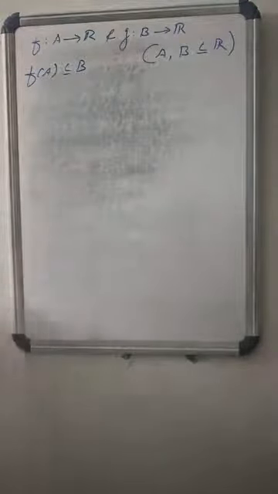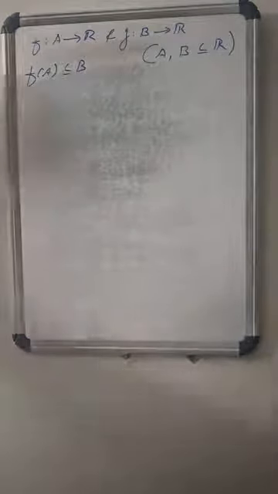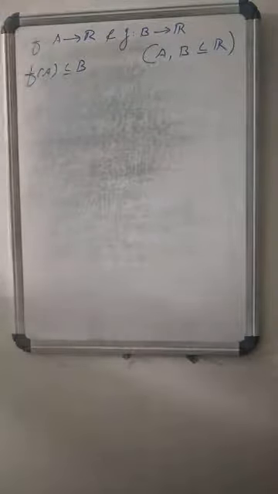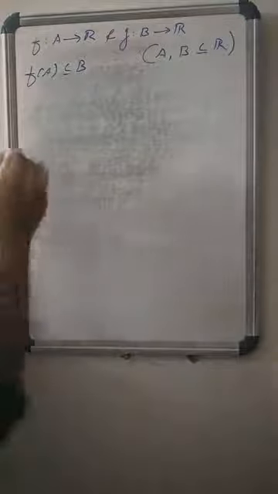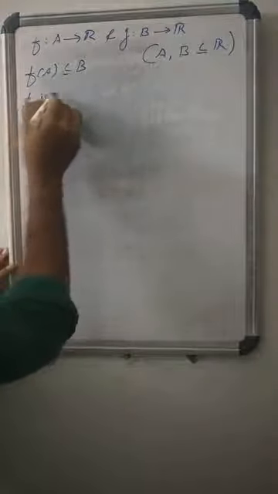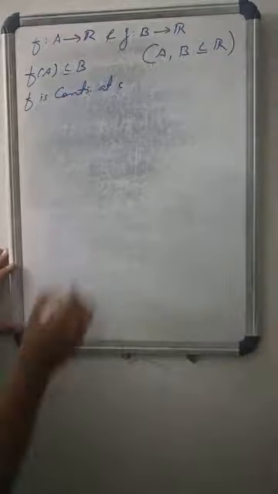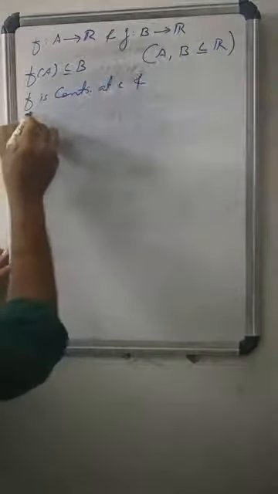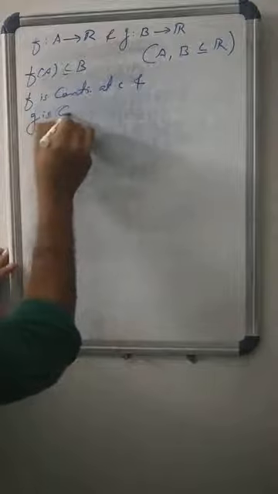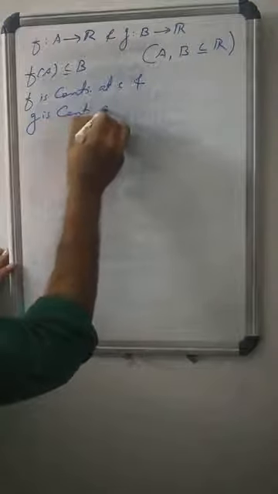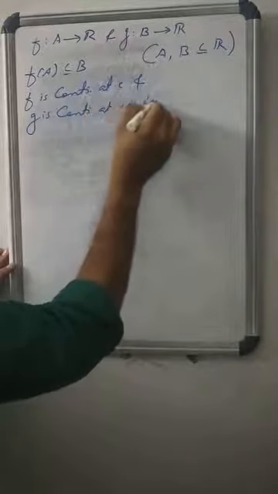Then, if f is continuous at c, and g is continuous at b, what is this b? b equals f(c).